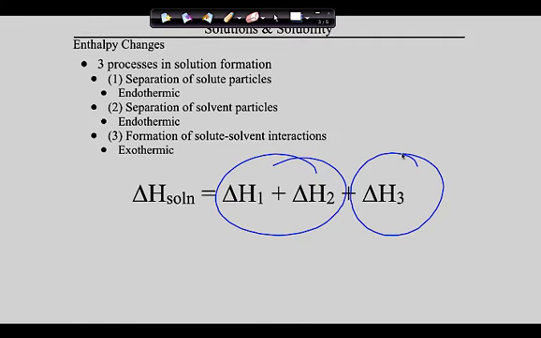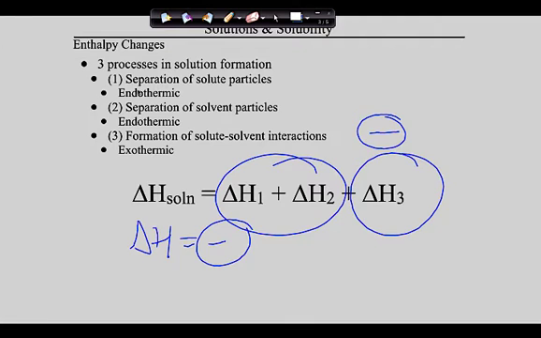If something's going to dissolve, which is bigger, the two on the left or the one on the right? The one on the right. This is bigger. And if nothing else, we can say then that delta H is negative for this to dissolve. And that allows us to go back and talk about the idea that spontaneous processes are exothermic. See what we're saying? You're not going to have to do the math, but it's worth tying to the math because it helps you connect this back to what you learned in chapter 5.